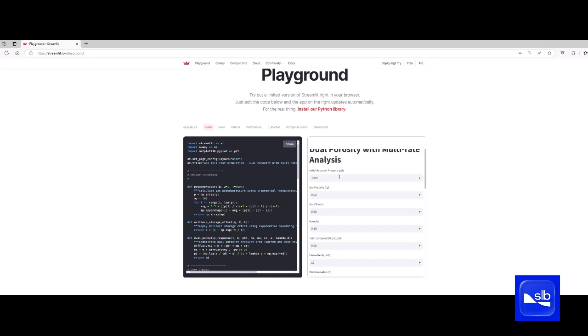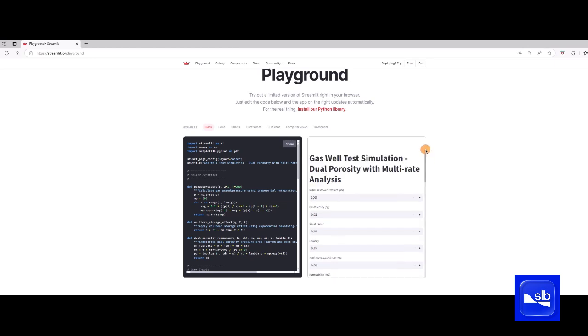For example, we have the initial pressure. This is the initial pressure for the reservoir. You can manipulate or change this, for example, and enter it.